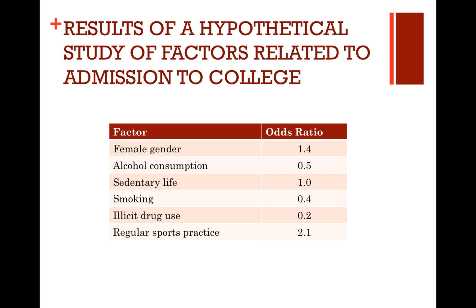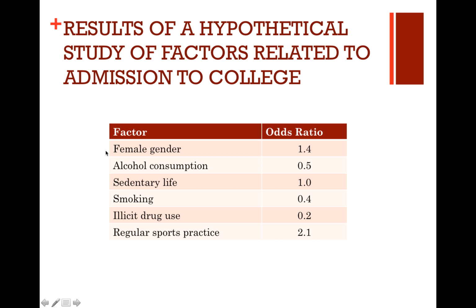So just to recap, because this is something that students often struggle with, if you're looking at different odds ratios, what do they mean? How do you interpret them? There was this hypothetical study that was looking at a number of risk factors or potential exposures and whether or not you were admitted to college.